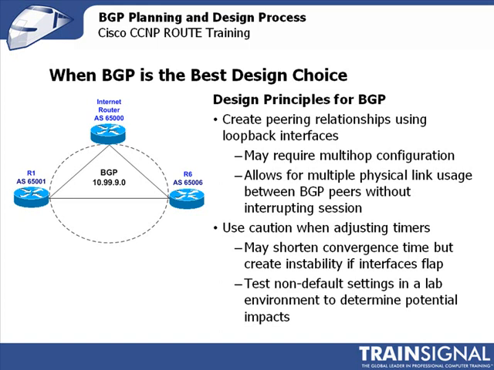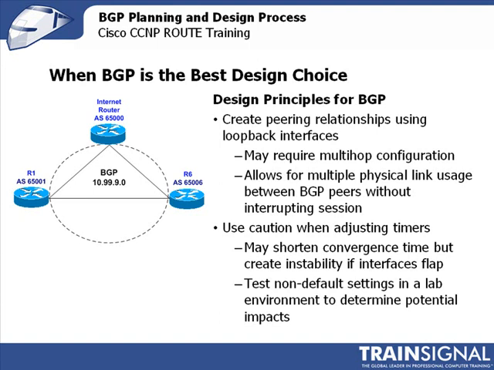And if one of those links drops, it doesn't drop the neighbor relationship. So it can require for eBGP a multi-hop configuration, because BGP has a tendency to only want to use something that's directly connected or directly reachable. If it has to do multiple hops, you use the eBGP multi-hop command or the neighbor command, which we'll talk about later. It also allows for multiple physical interfaces to be used without interrupting the BGP session.